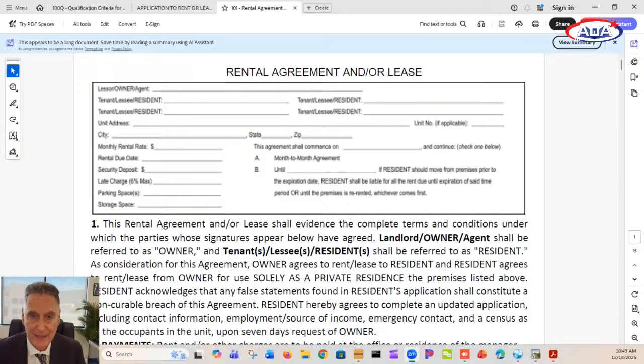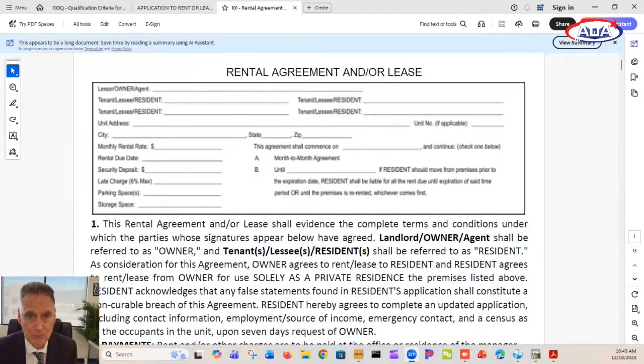And the reason for that is because when you do go forward with these evictions, the tenant is always going to claim, well, I didn't pay the rent because the premises were uninhabitable and I asked the landlord to fix it and he callously refused. Well, you need to have this phrase in your rental agreement because then you can throw it right back at the tenant saying, look, you never told me, but if you had told me, you were supposed to do it in writing. So where's your writing? So this way it will look like the tenant is just, of course, making things up. So that's a very important provision to have in your rental agreement.